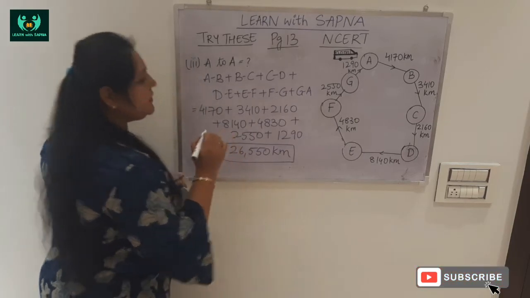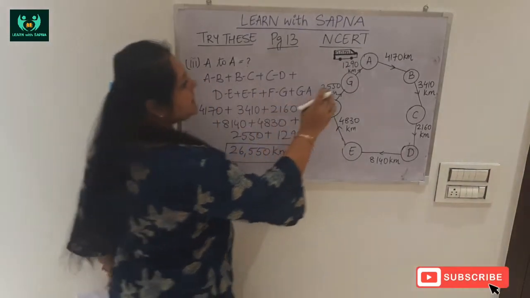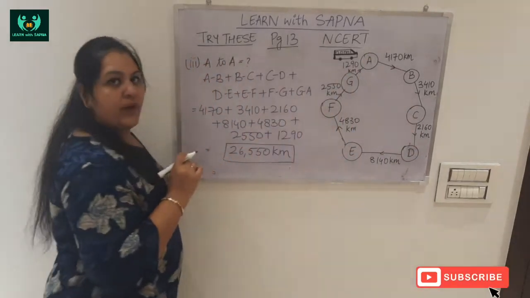It's simple addition, nothing so difficult. So A to A means all the path covered by the bus and coming back to A.